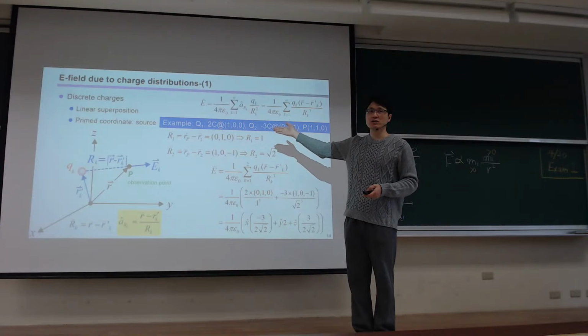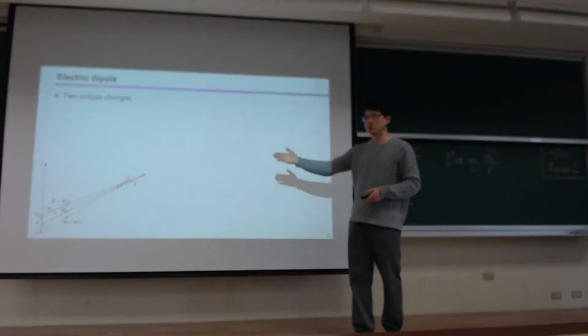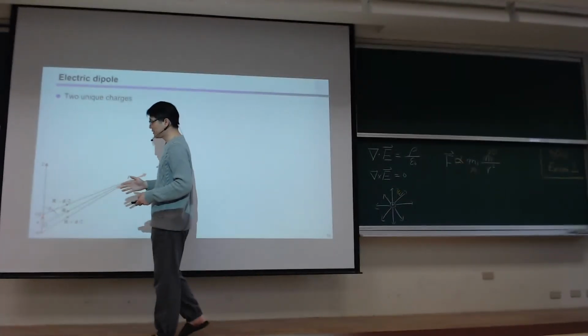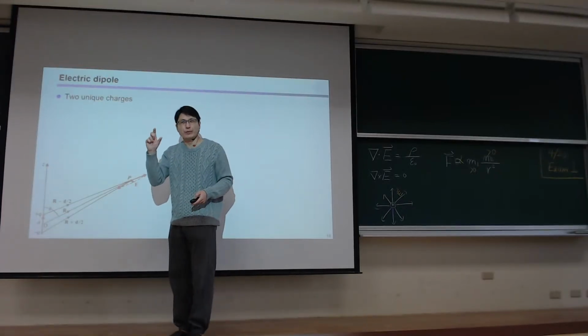So this example shows you I have multiple discrete charges. And next, I'm going to show you what happens if I have two charges, but in a very unique way.